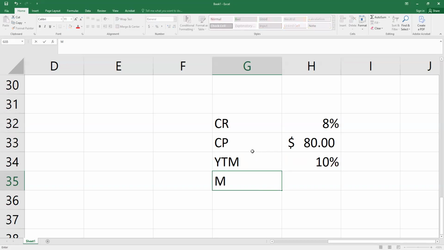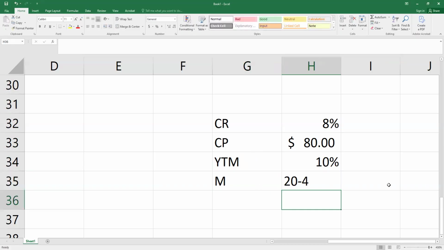The maturity is 20 years, but the bond was issued 4 years ago, which means the remaining maturity is 16. So 20 minus 4 is basically going to give you the remaining. And we are asked to calculate the bond value, but it is semi-annual.